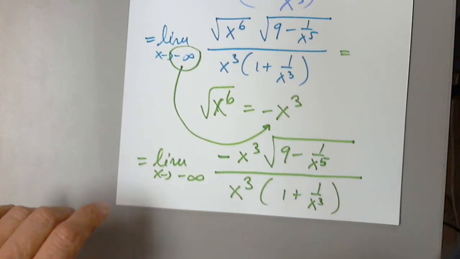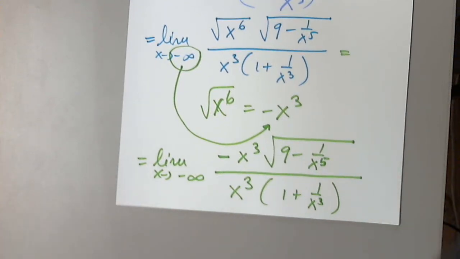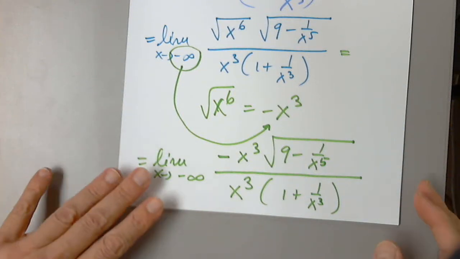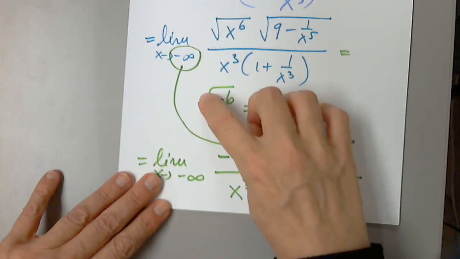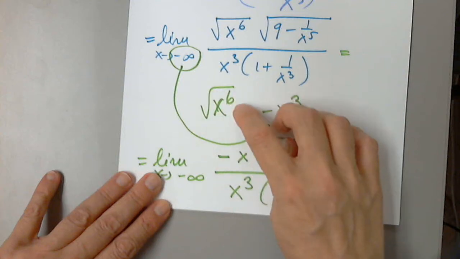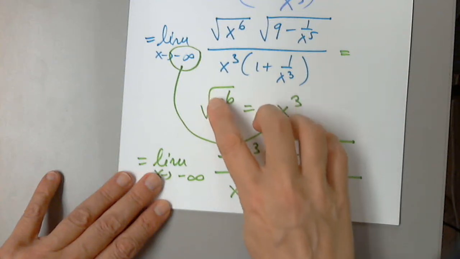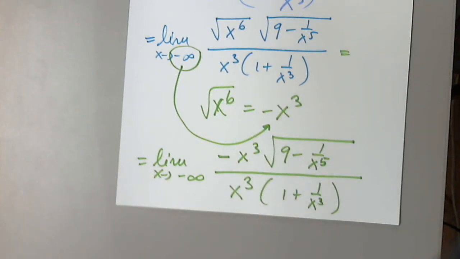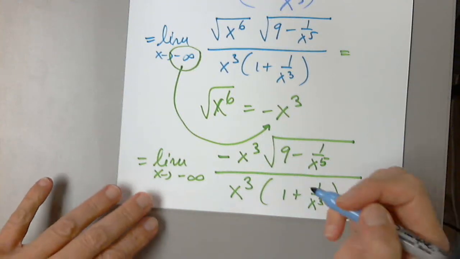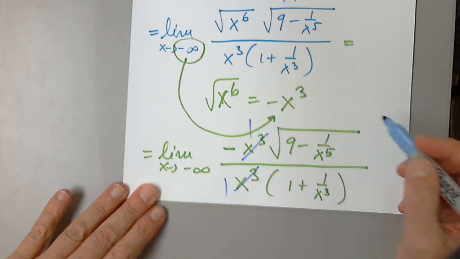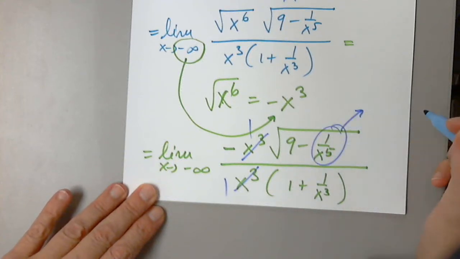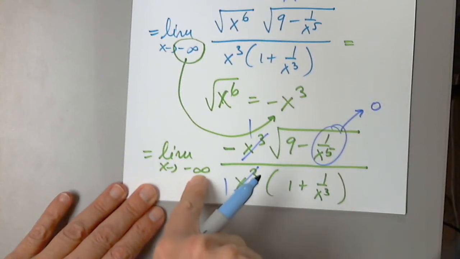Okay. Yes, Greg? How is the square root of x to the sixth x to the third power? 6 divided by 2. The power divided by the index. Okay. Very good. So now we're going to do what? Yes. Where does this go? Only because of this.